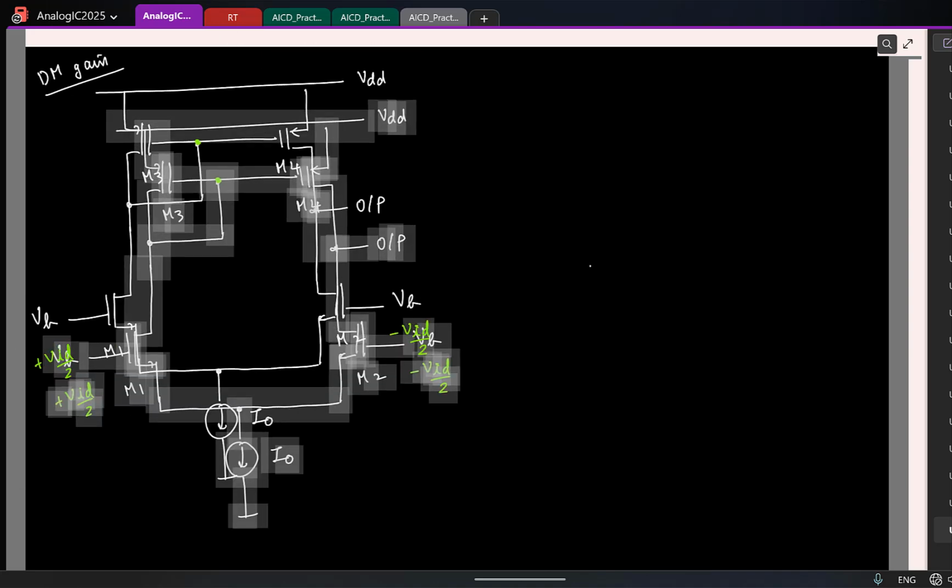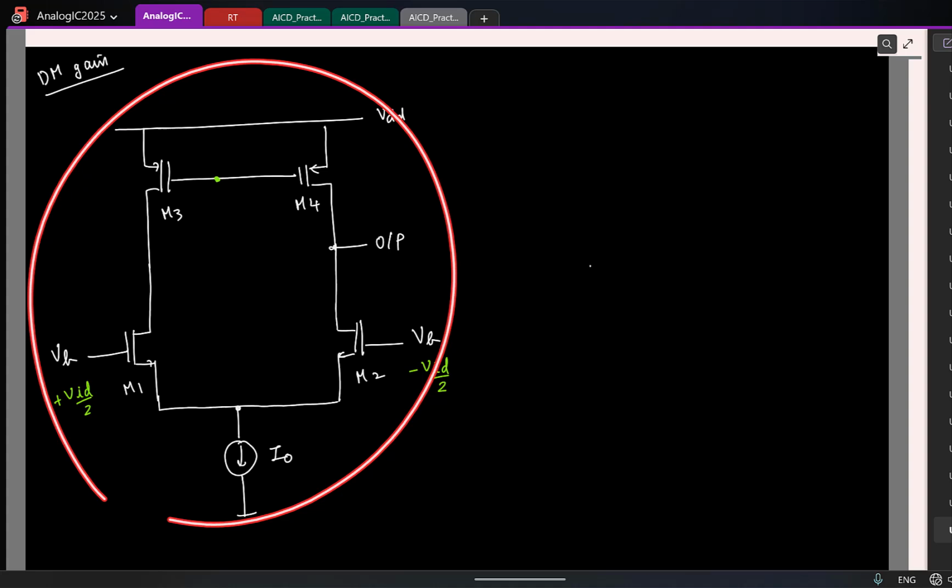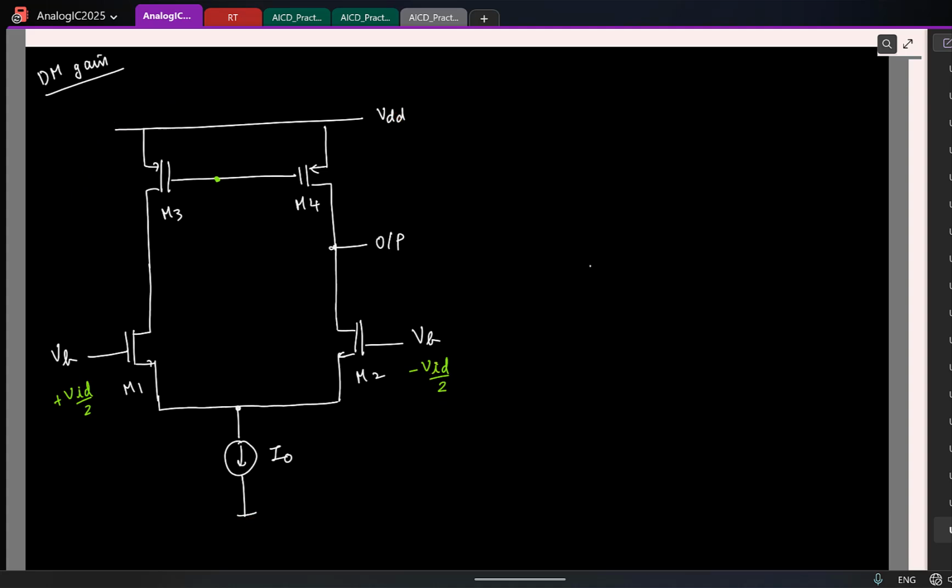So let me ask you this question. If let us say I didn't have this connection, how would you simplify the circuit? How will this become a half circuit now? Remember, for small signals, this is a linear circuit.